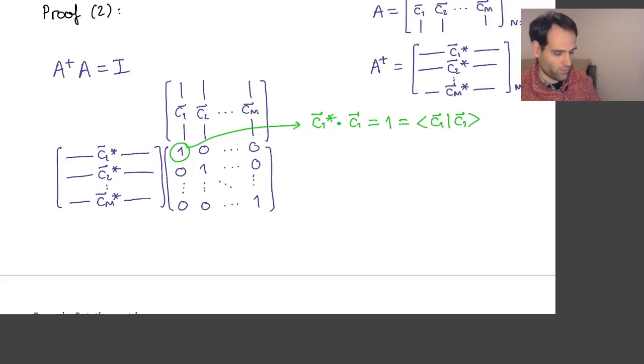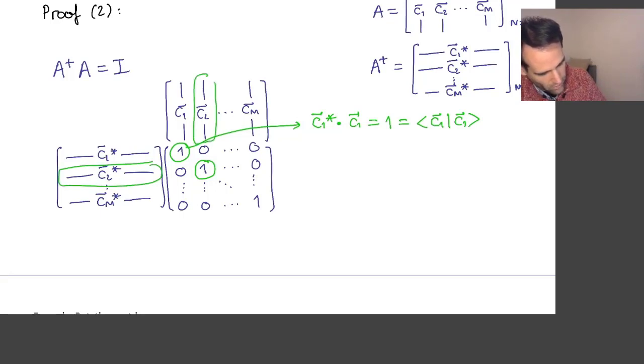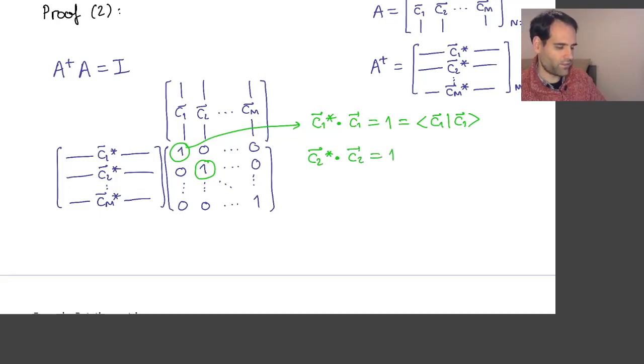Next, look at the second element in the diagonal. This element is equal to 1 because we know that the result is the identity matrix, but by the rules of matrix multiplication it must be equal to this row dot product with this column. Therefore, row C2 conjugate dot product with C2 must be equal to 1. But C2 conjugate dot C2 is the inner product of C2 with itself, so that is equal to 1.